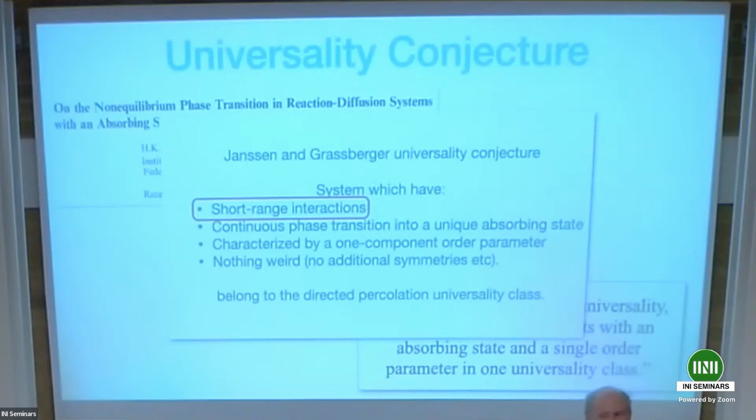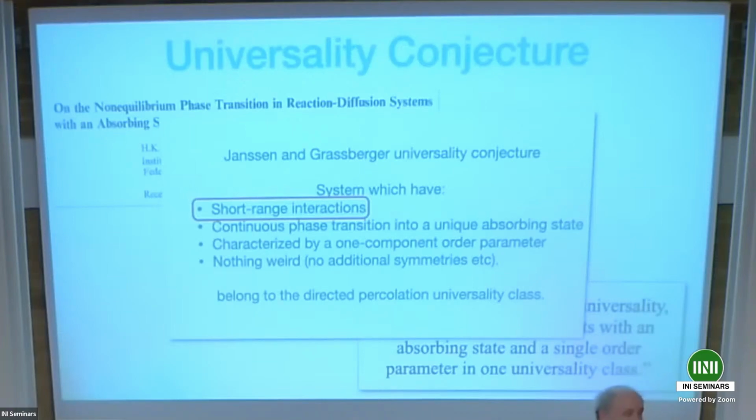Look for somebody who's probably there. Well, I think, do you want? Pardon me? Because, I mean, so you get mean field beyond certain dimensions, right? Yeah, 4.